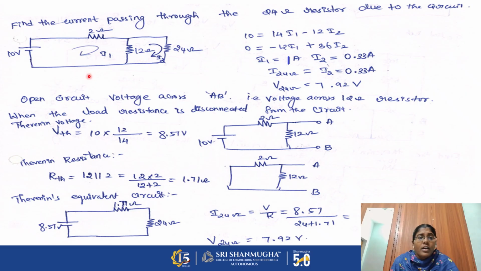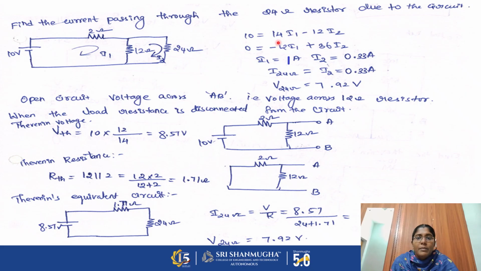So if you are applying KVL to the first mesh, so there is a voltage source 10 volt. So 10 is equal to 2I1 minus 12I2. Sorry, 14I1. So here we have two resistors, 2 and 12.